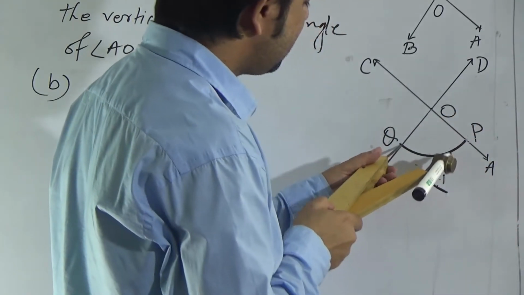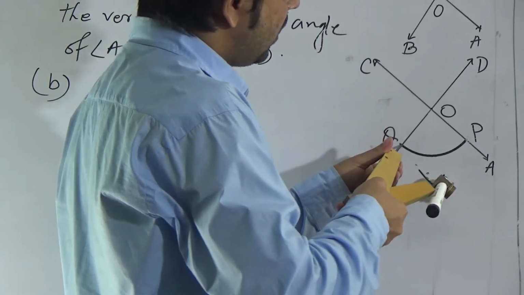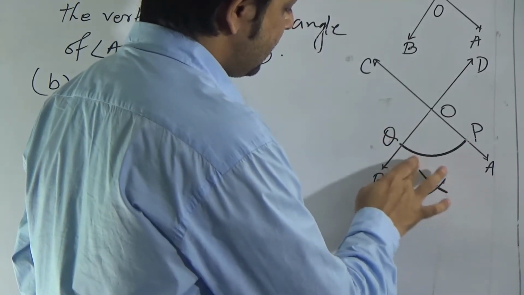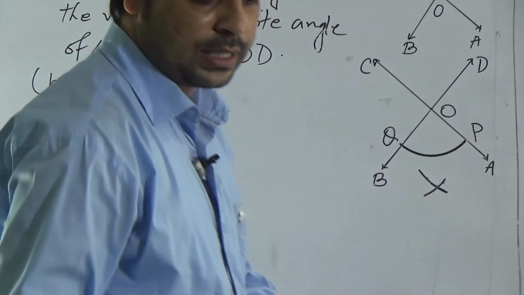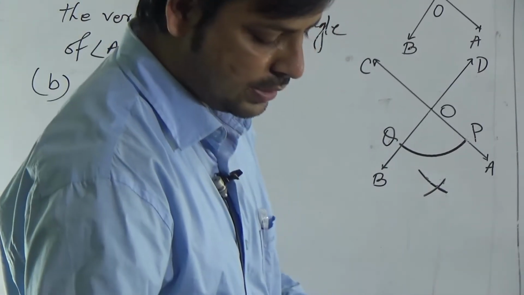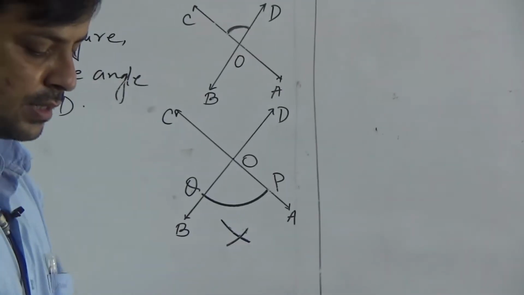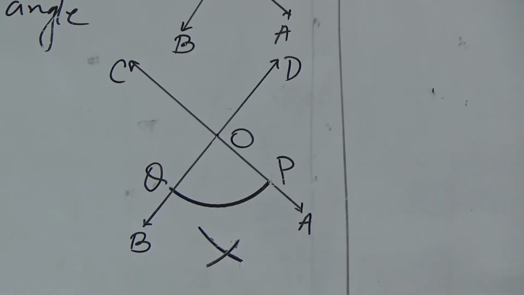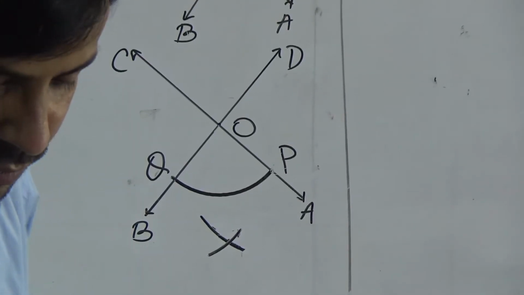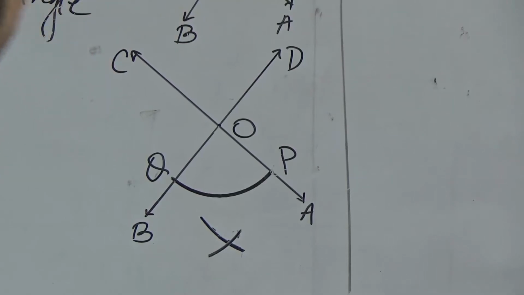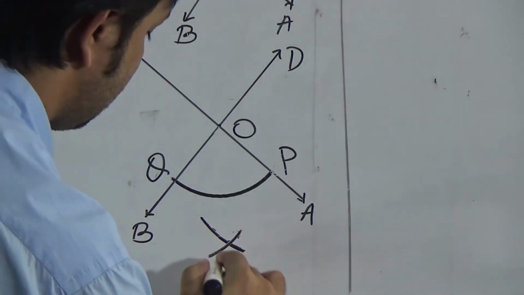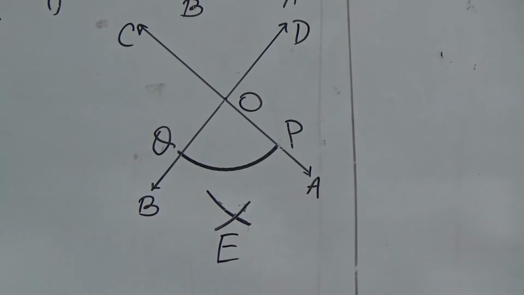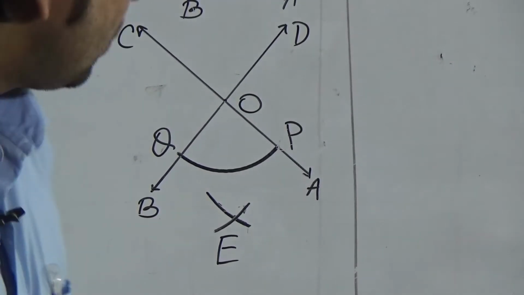Taking the same radius with Q as center, draw another arc. Suppose these two arcs intersect each other at E. Now join OE.